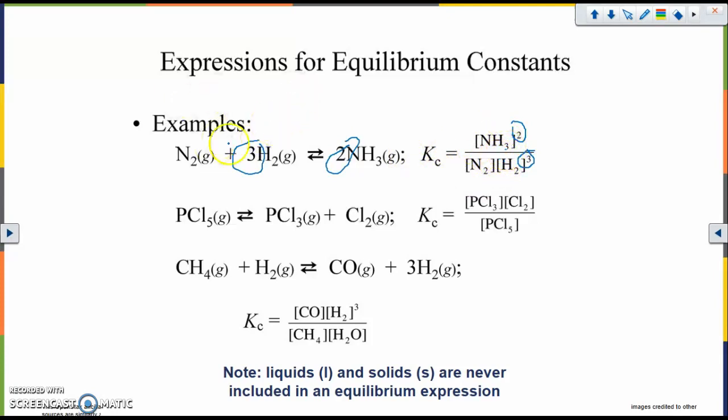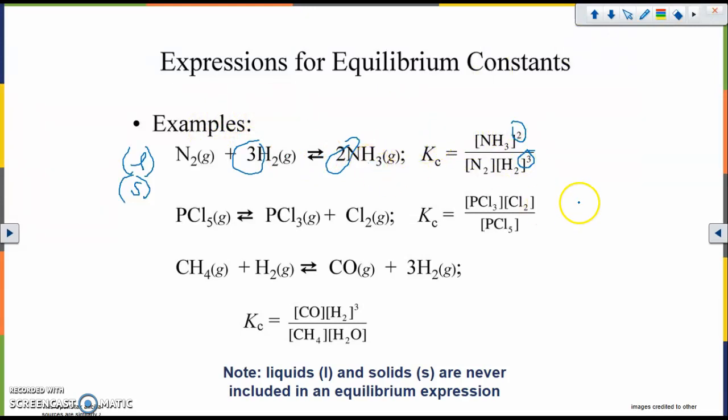That is where those numbers come from. FYI, if there is a liquid or a solid in any of these equilibrium expressions, it is not written down in the equilibrium constant.